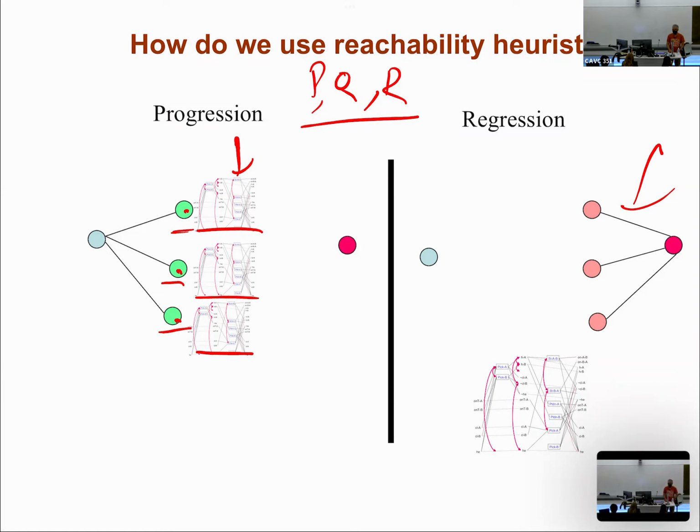Take a break for 15 minutes, during which you think about which will be faster: progression, where for every state you have to construct the planning graph, or regression, where you just construct one planning graph and keep looking into it.